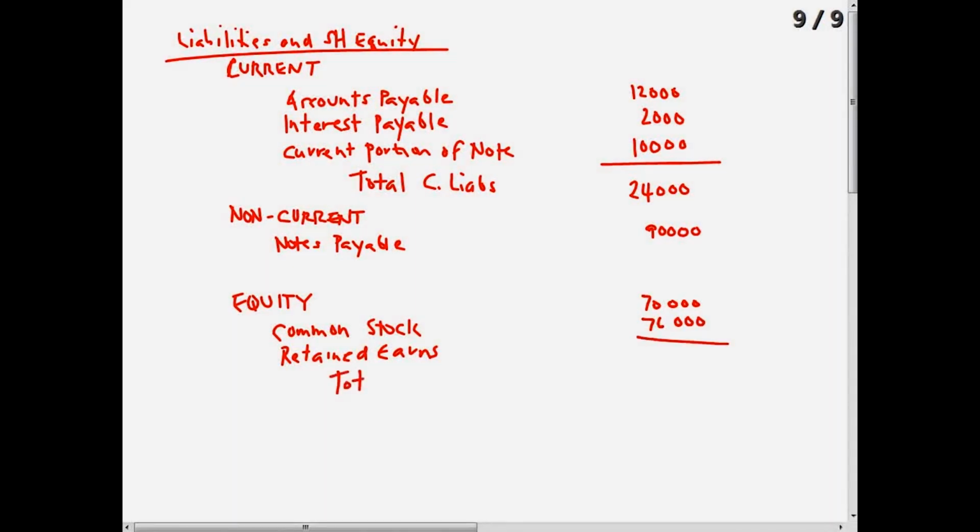Okay, and they do total up total shareholders' equity, 146. And then we have a final total liabilities and shareholders' equity, and that is 146 plus 24, 170 plus 90.